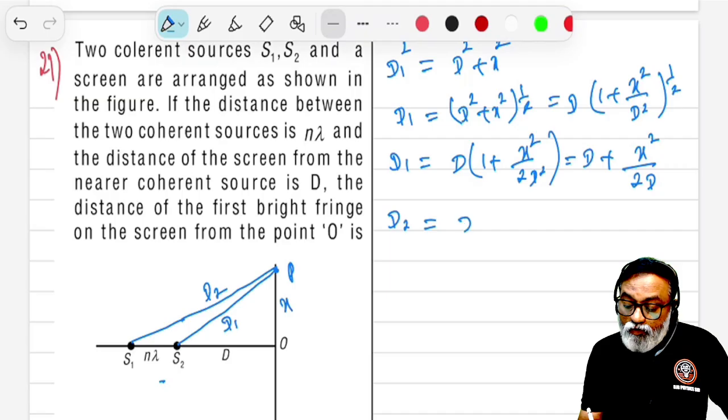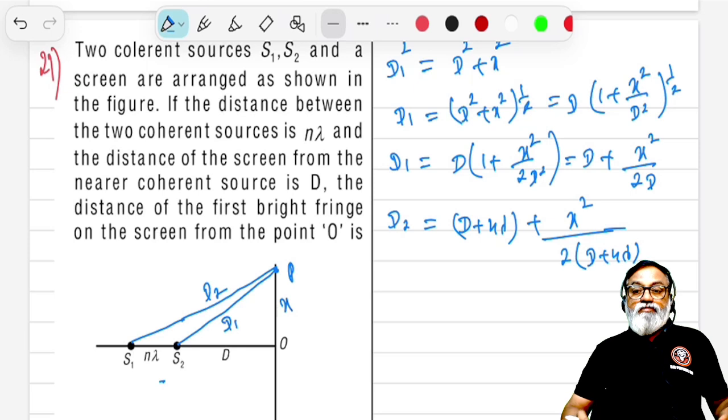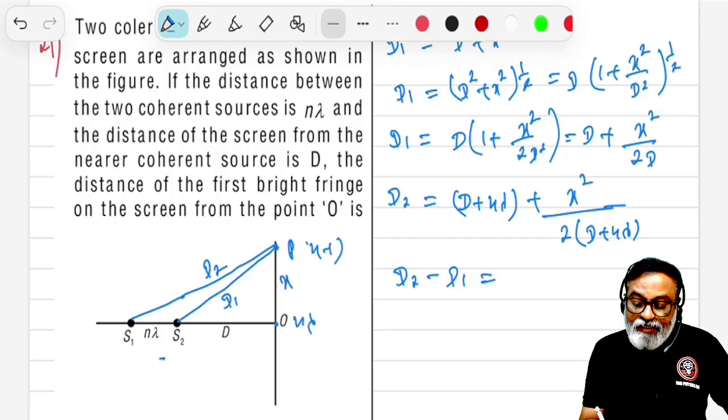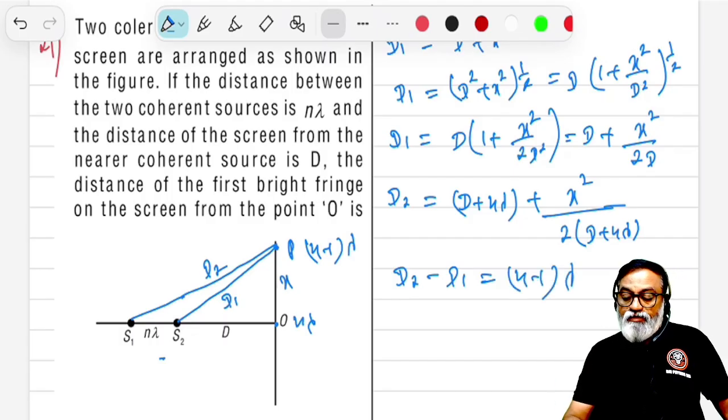Therefore, D2 is equal to D plus n lambda plus X square by 2 into D plus n lambda. Here, the path difference D2 minus D1, that is equal to n minus 1 into lambda.